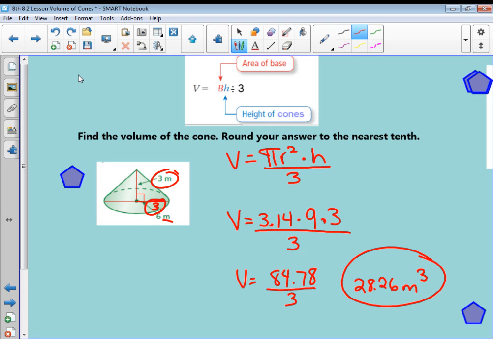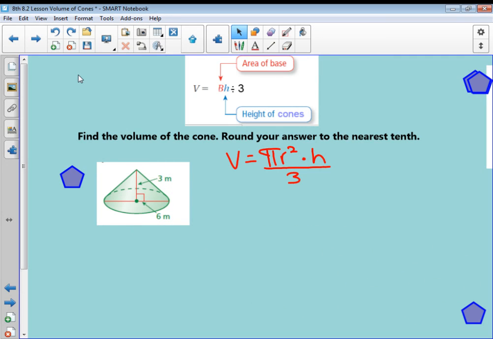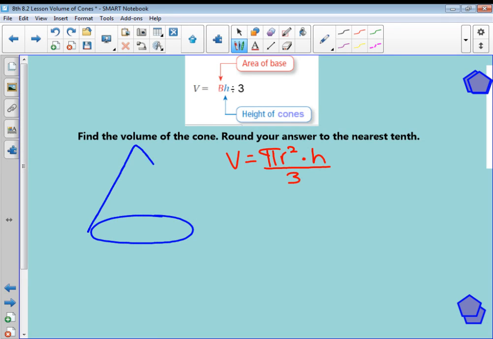Okay, let's go ahead and try one more. This time I'll go ahead and just draw a cone. Okay, so I'm going to leave my formula up there. So here's my cone. And we'll do the height of 10 and the radius of 5.